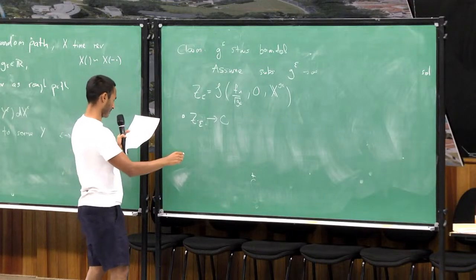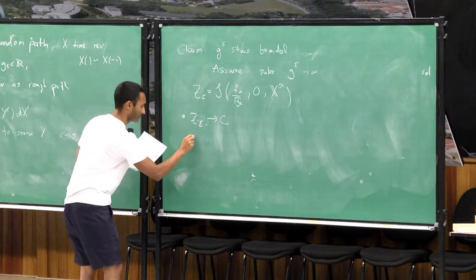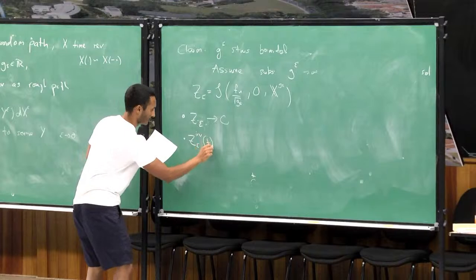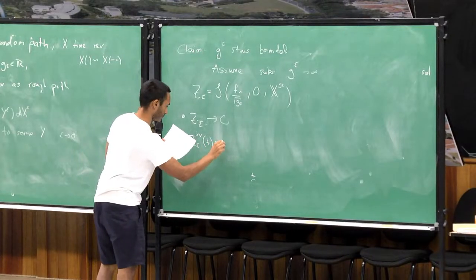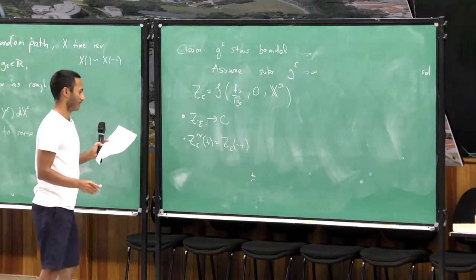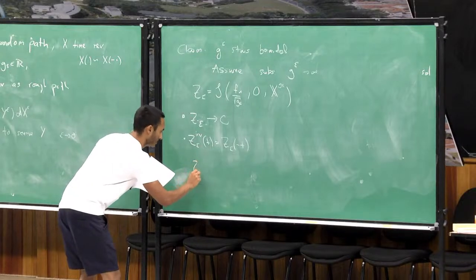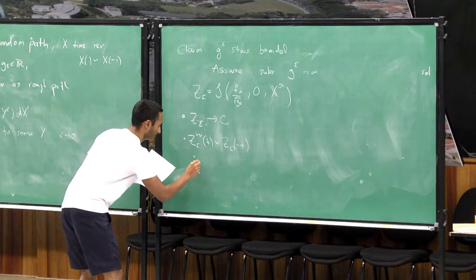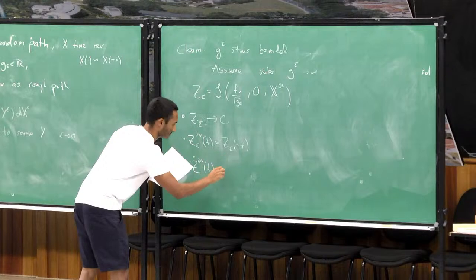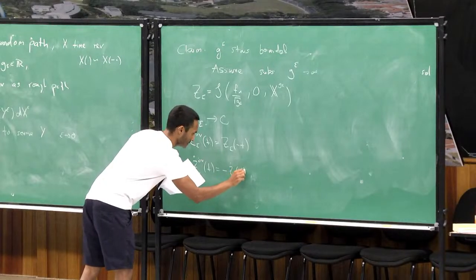And then what we can also do is look at the time inverted guy. We define z epsilon at time t to be given by z epsilon at time minus t. And what does this solve? It also solves an equation. We look at the derivative of this. That's just minus the derivative of z epsilon at the time minus t.